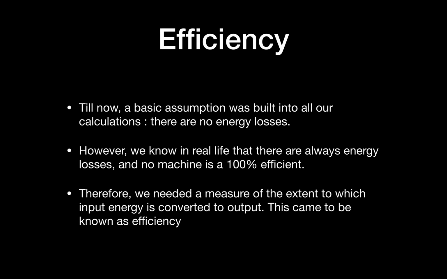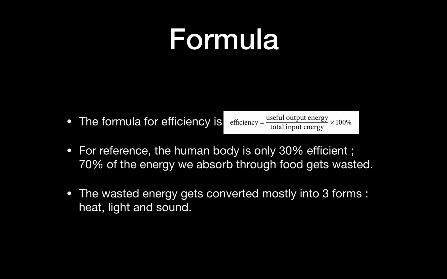This is in layman's terms as well: the efficiency of the car, efficiency of even a person, and so on. The formula for the efficiency is, as was hinted before, useful output energy upon total input energy into 100%. Do note that sometimes the 100% is not given, so it is just useful output energy upon total input energy.